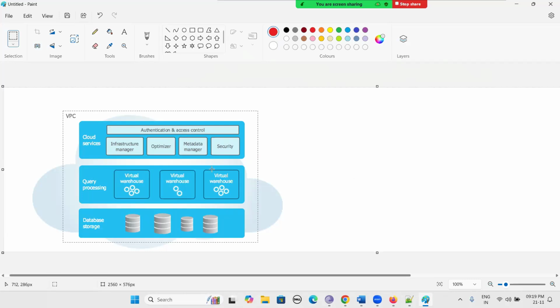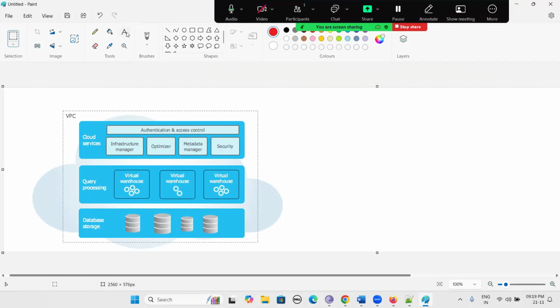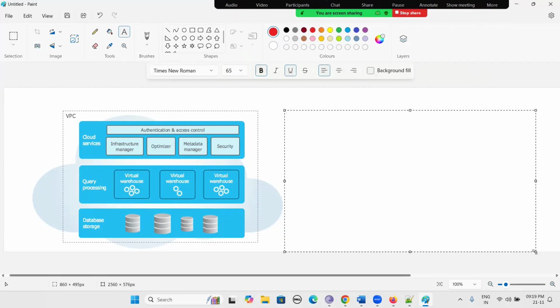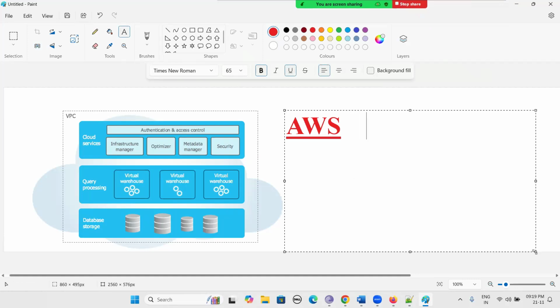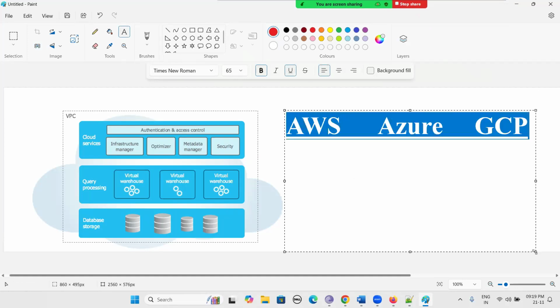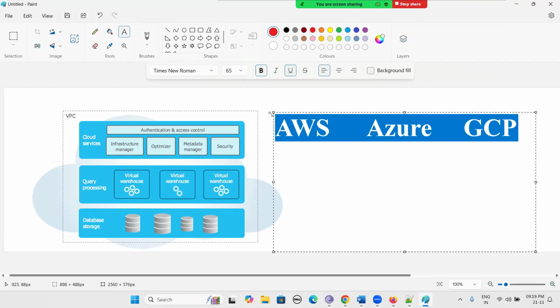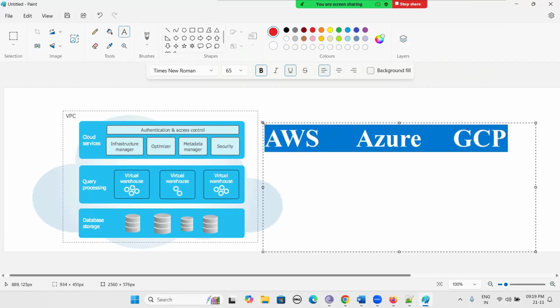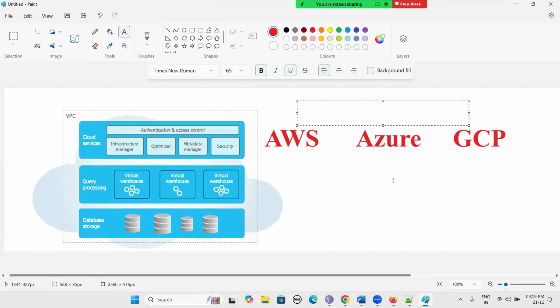Now let's understand this with AWS, Azure, and GCP. For query processing, it uses a concept called virtual warehouse.